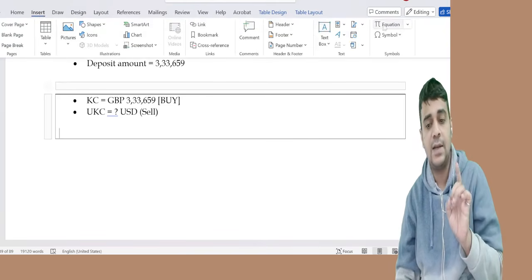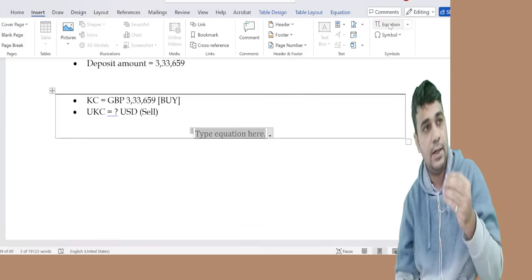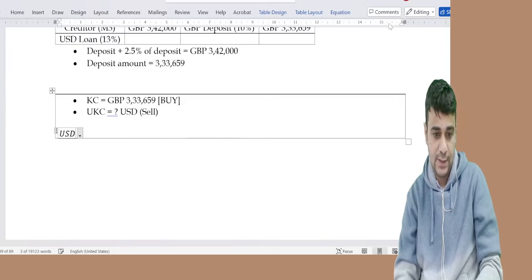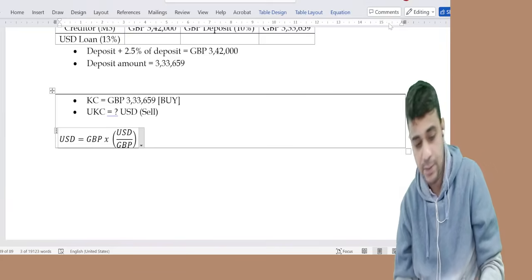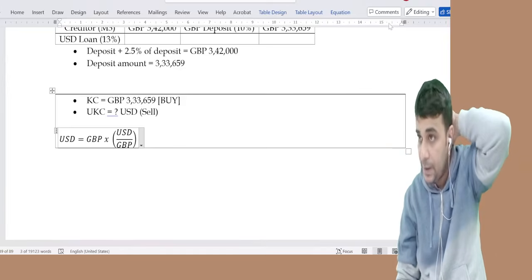In the first class I started known unknown, and it still goes on because it will continue to be there in most of the questions. This side USD, GBP is equal to GBP into USD per GBP. What is the denominator currency? GBP. What are we doing with GBP? Buy.